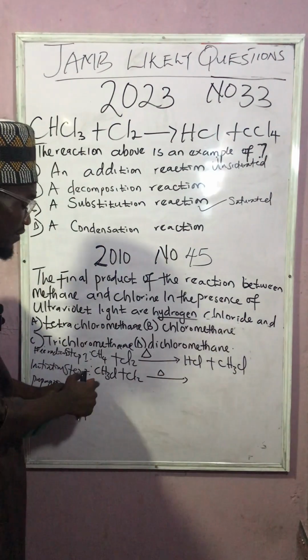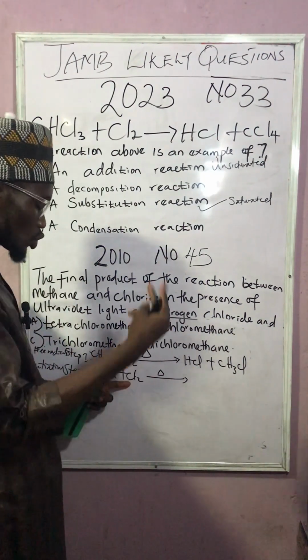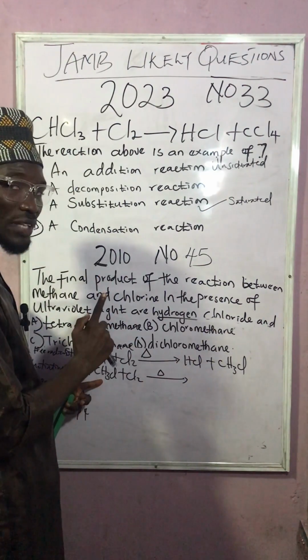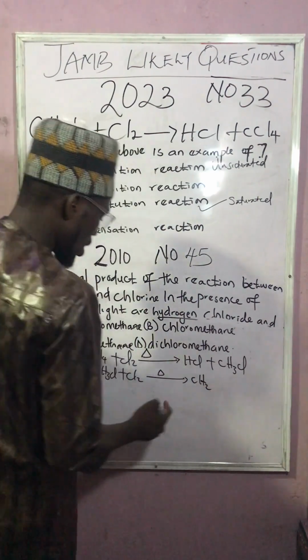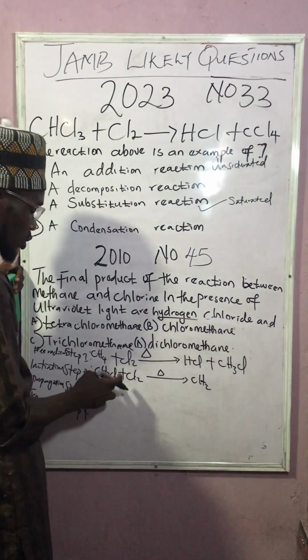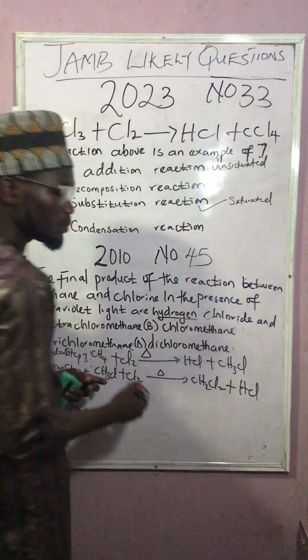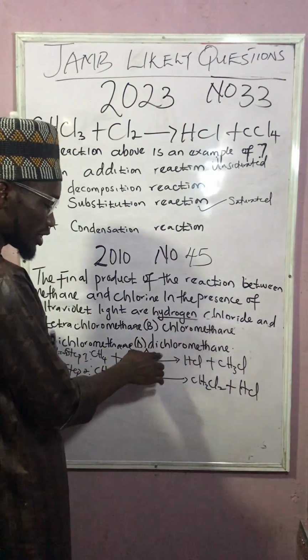We have a CH3Cl here. Now we have to divide this into 2. By doing that, we have a CH3 here. Pick one of the hydrogen here. We'll be left with CH2. Now add one of this chlorine to this Cl here. We have your Cl2 plus, we are left with HCl. This is called dichloromethane, which is D.